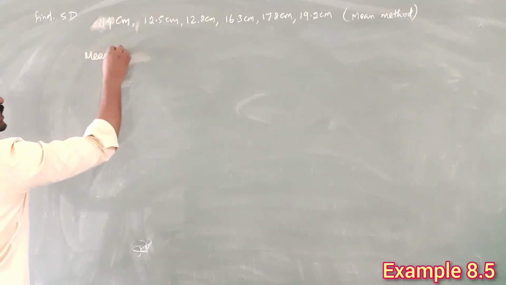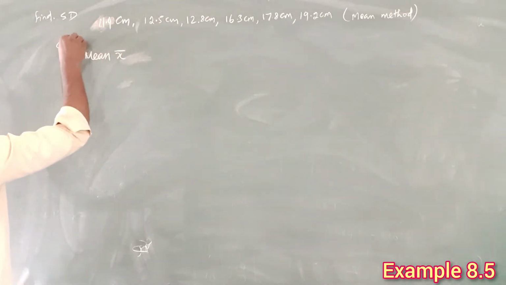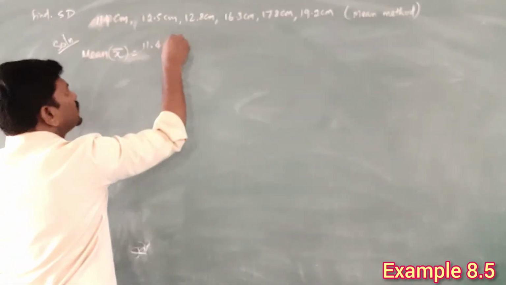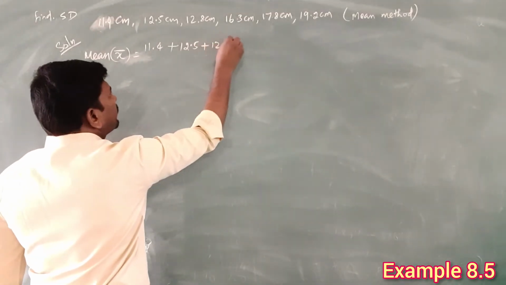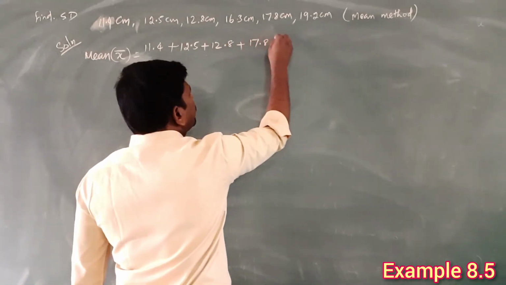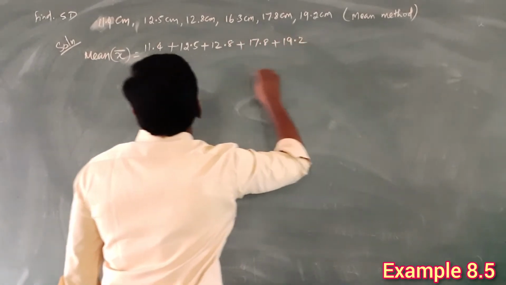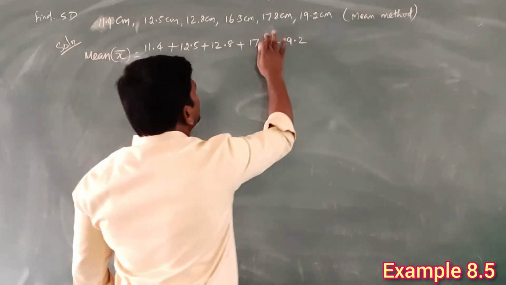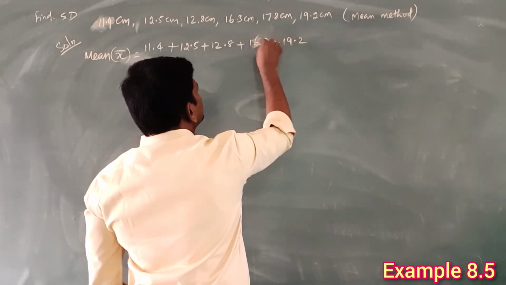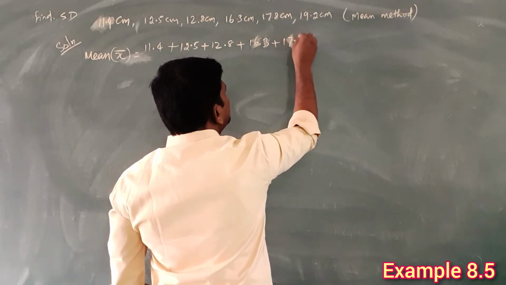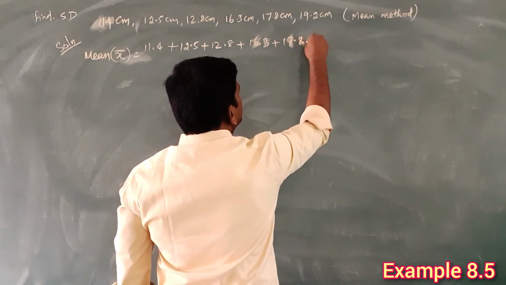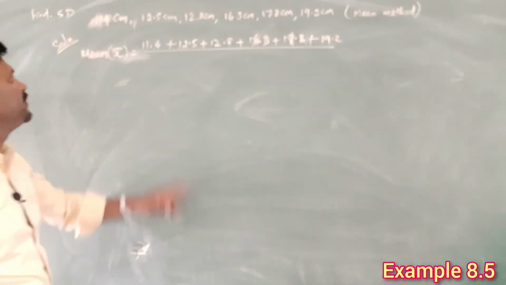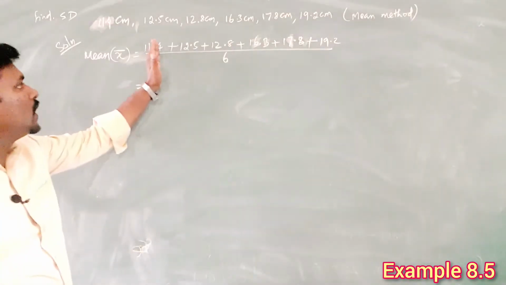Mean x bar is equal to the sum of observations, 11.4, 12.5, 12.8, 16.3, 17.8 plus 19.2, divided by the number of observations.